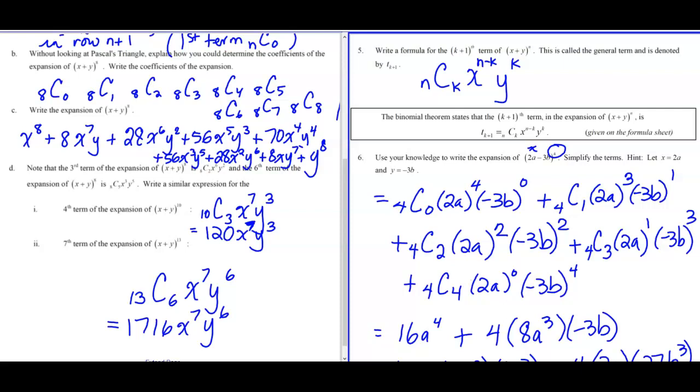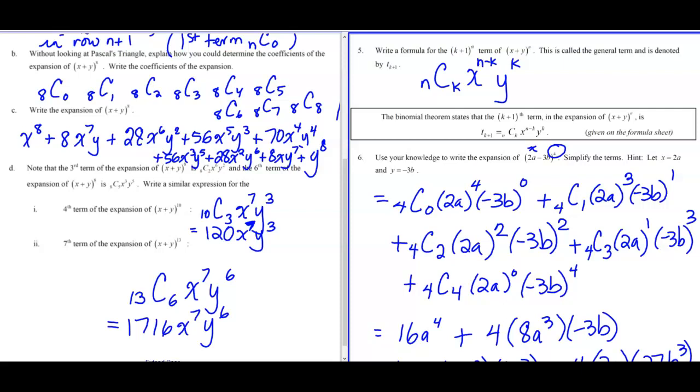Notice in this one it is (3x squared plus 1 over x) all to the exponent 8. You don't often show expansions like that, but you might have it. One of the terms is ax to the 7. Determine the value of a. So a is the coefficient. They're really wanting you to find the coefficient of the x to the 7th term.